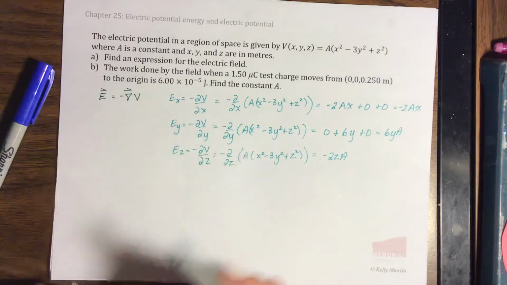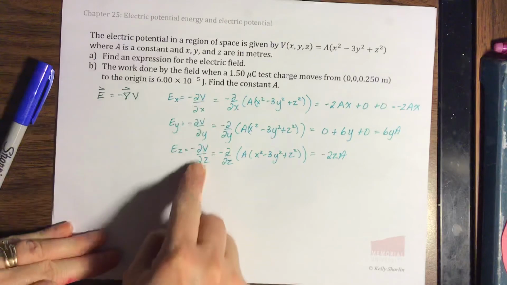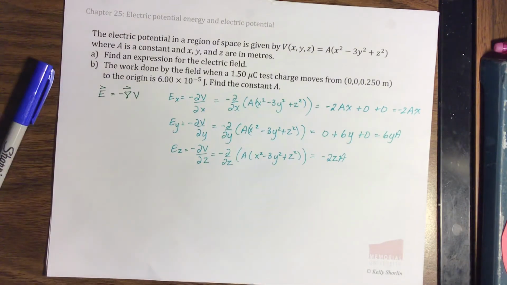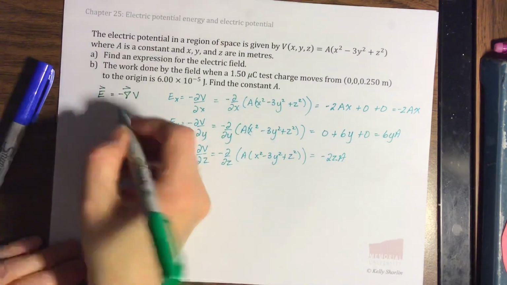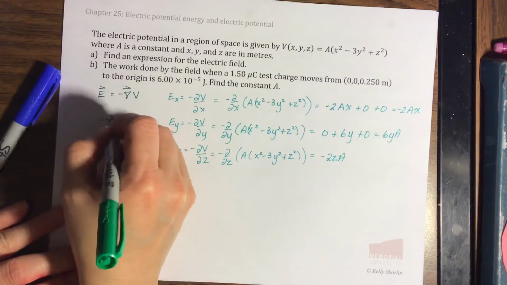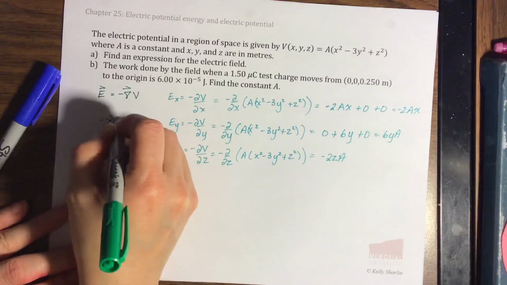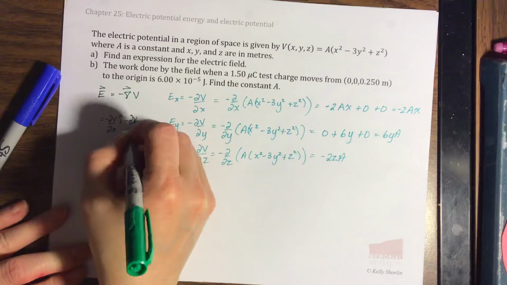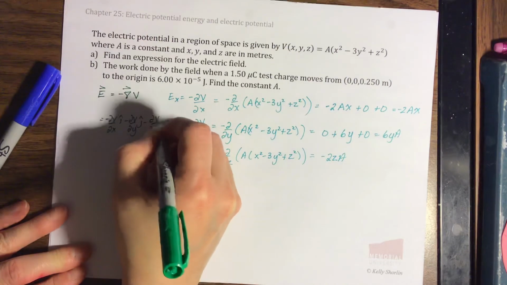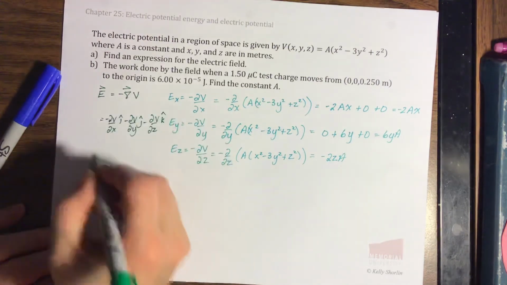So now to write down our electric field, we've got our components. Now we just have to write it as a vector. So the gradient can also be written as minus ∂V/∂x in the x direction, minus ∂V/∂y in the j direction, minus ∂V/∂z in the k direction.